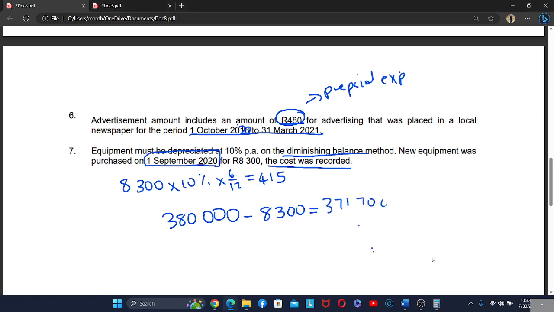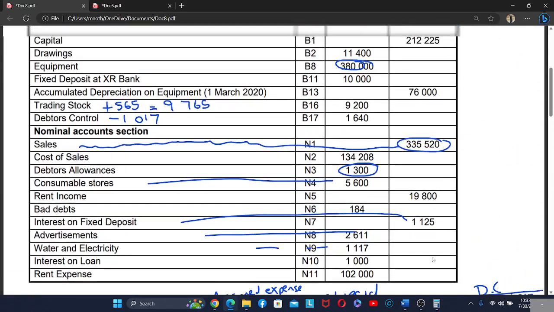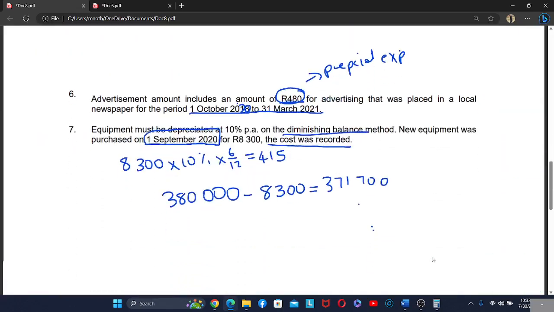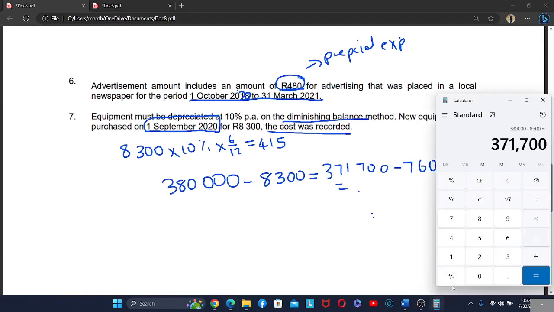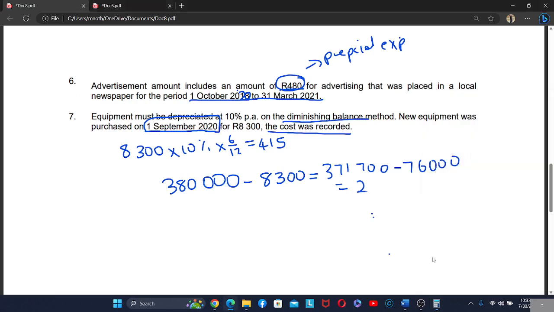That gives 371,700. So because we are using a diminishing balance method, we must subtract the accumulated depreciation on equipment. So minus 76,000. How much is that? It is 295,700.